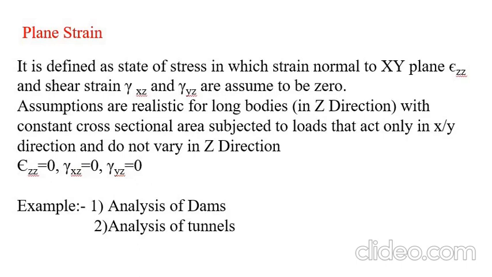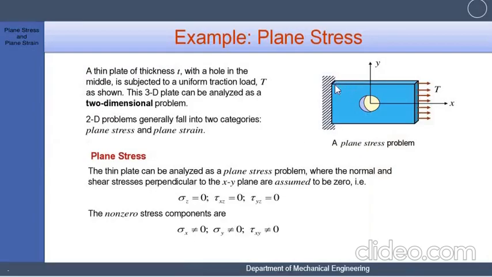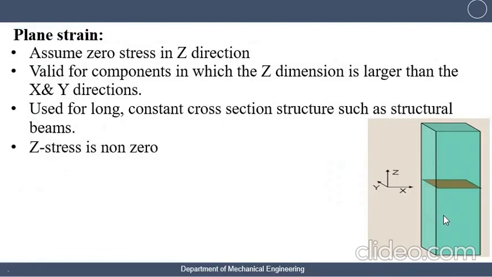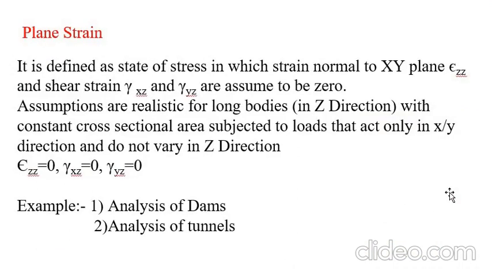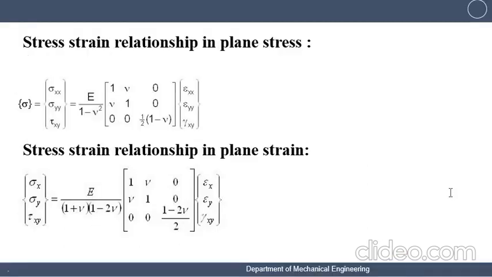Then first draw the diagram for plane stress and the diagram for plane strain. Then write down the equations for plane stress and plane strain. So these are the two equations. The question is for 6 marks, 3 marks for plane stress and 3 marks for plane strain.